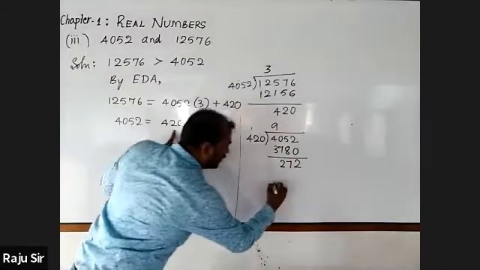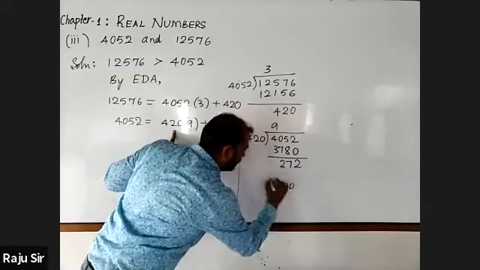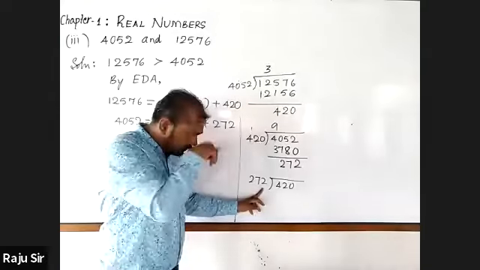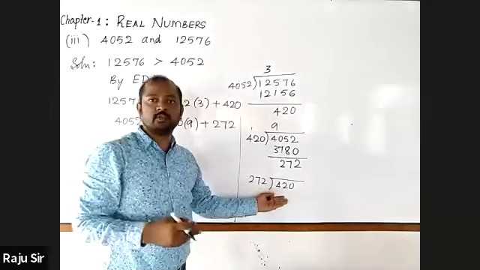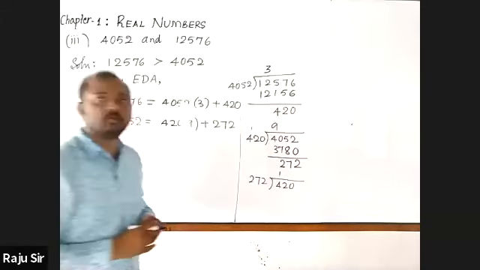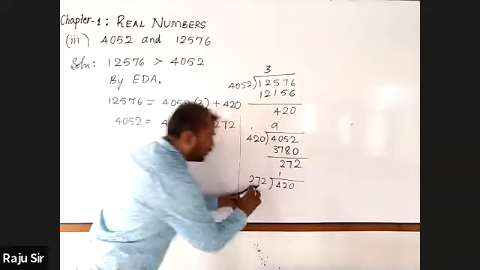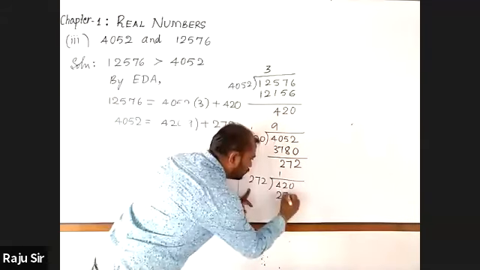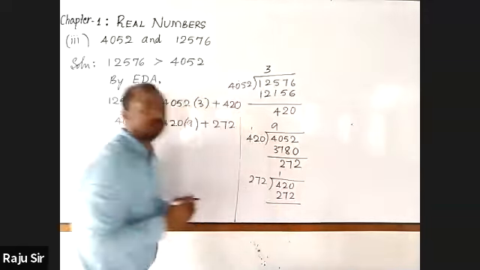Okay, let us divide 420 by 272. 272 into 1. One. Very good. If you go for taking 2, it will be more than 420. Hence, you can go for 1. 272 1s are 272.